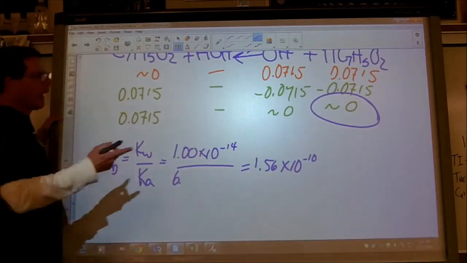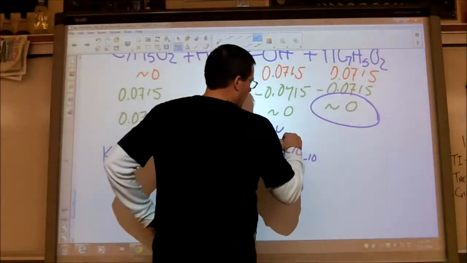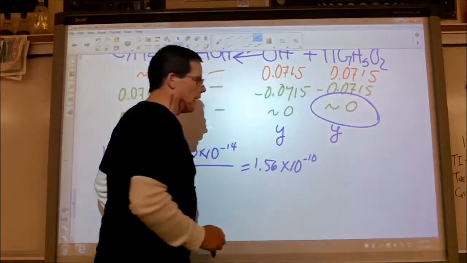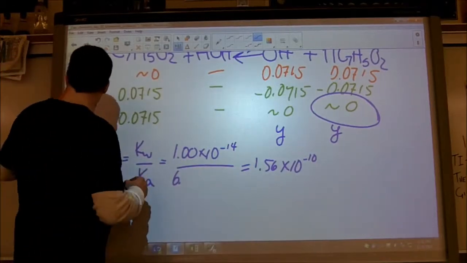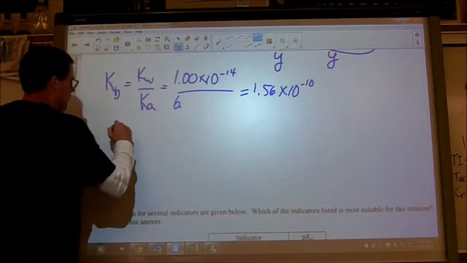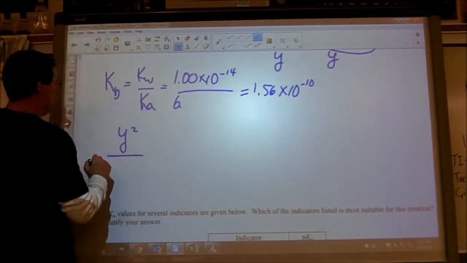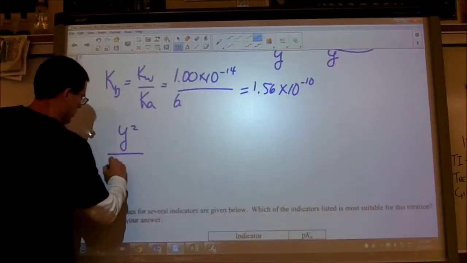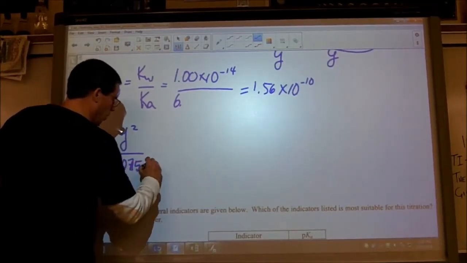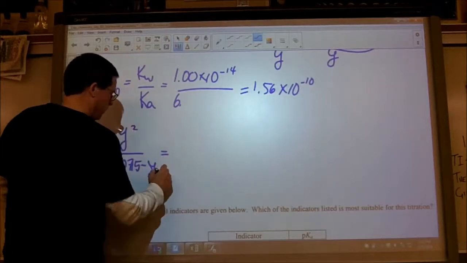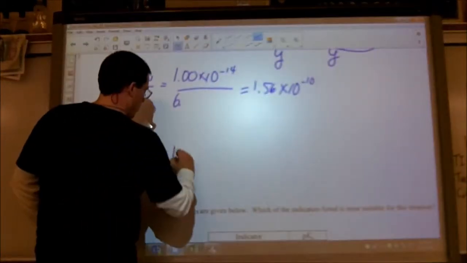You might notice on the notes, I use the letter Y here. It doesn't matter. I'm just using something different so you don't think X is what we did up in the beginning. So in this case, we have Y squared over 0.0715 minus X or Y, which we can drop, is equal to that 1.56 times 10 to the negative 10.